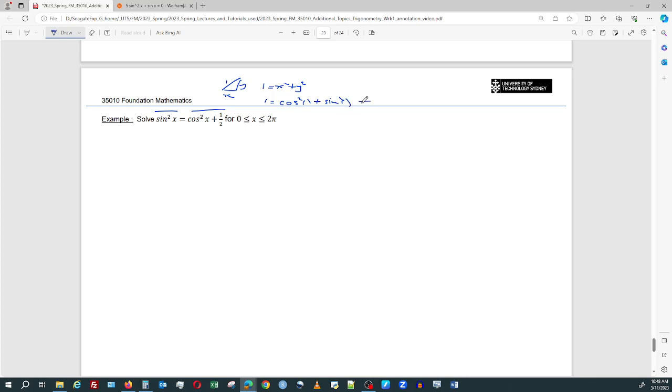So what that tells us is that sine squared is equal to 1 minus cos squared. So we can insert that in the left hand side, so we get 1 minus cos squared is equal to cos squared plus a half.